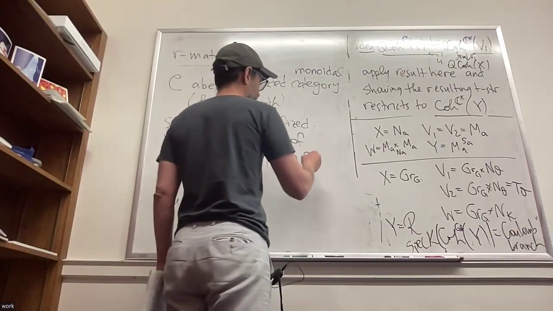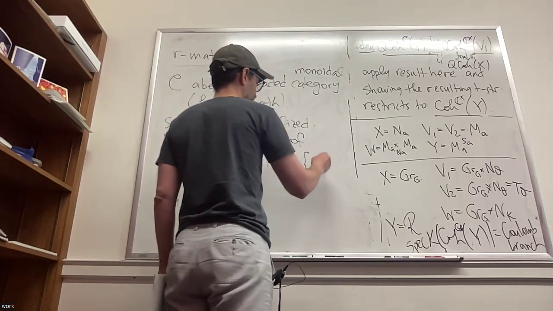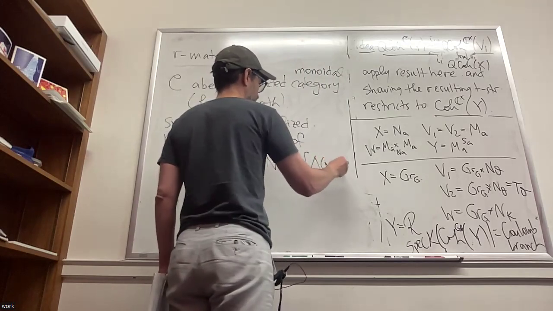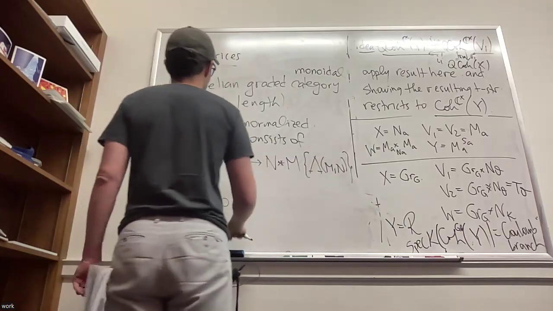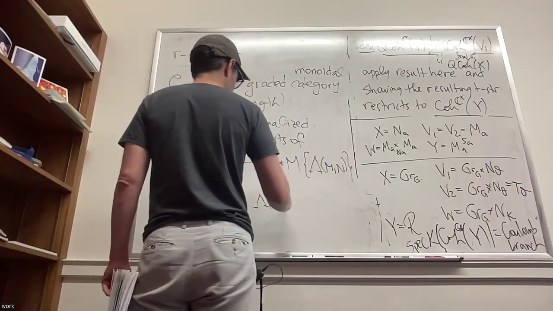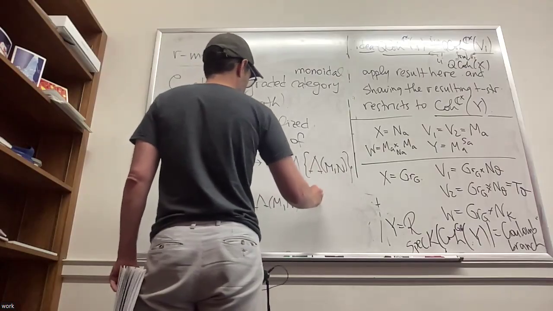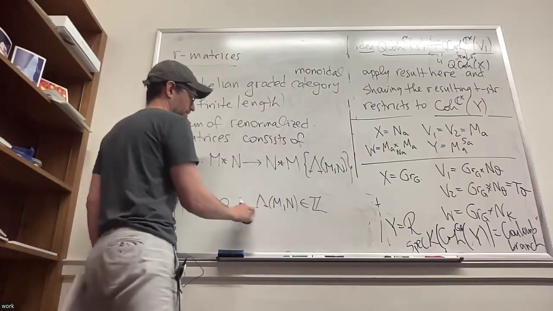And there's usually some combinatorial data which gives you a shift here. So I'll denote it Λ(M,N), where M and N are two general objects, and this lambda is an integer. So this is sort of some combinatorial data that comes along.